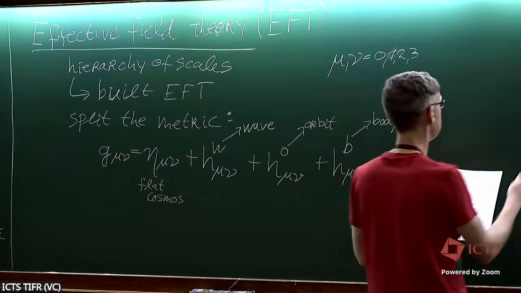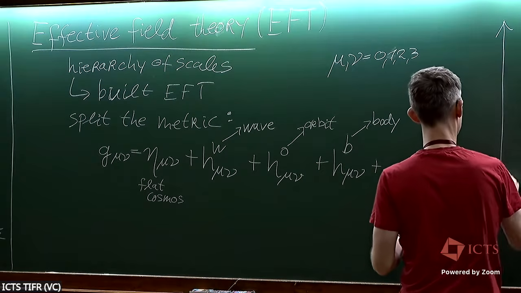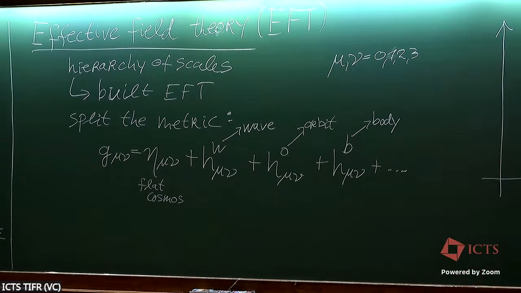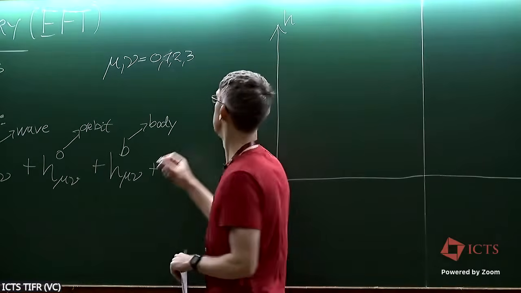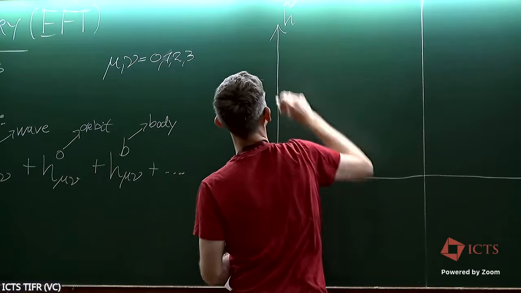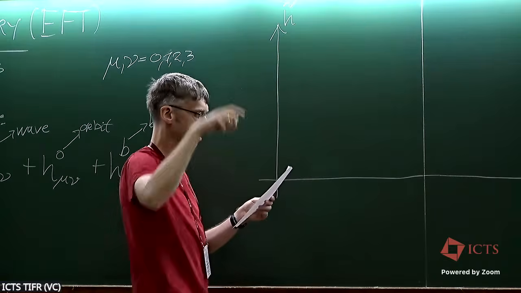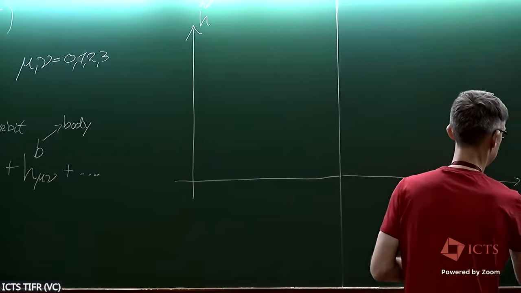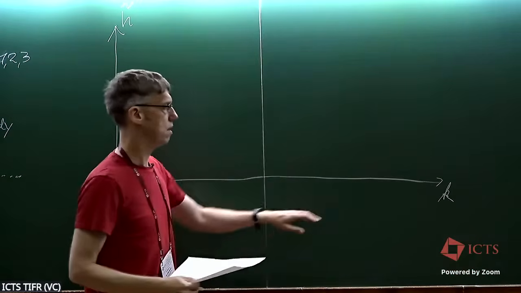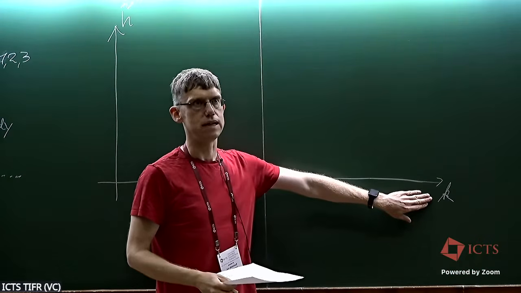Now, let me draw a picture corresponding to that. So let's look at the gravitational field h, but not directly, but in Fourier domain. So let me put a tilde on top of it to denote that I'm going to Fourier domain. And let's plot it over the wave vector k.